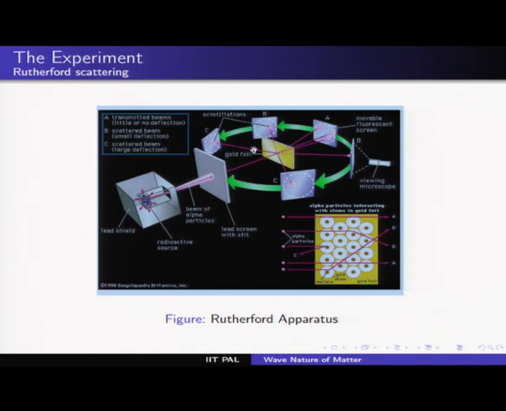Probably I can show it here with the cursor, not that it matters. Then what you have is a rotatable zinc sulfide detector, shown in the green lines. You keep on moving it from place to place. Radioactivity is a continuous process, in the sense that it will not stop, but the beam itself is not continuous. So you have to be very patient to do this experiment, because the emission of an alpha particle is a stochastic, probabilistic process.